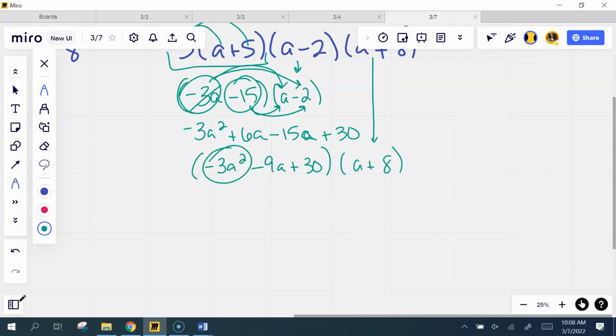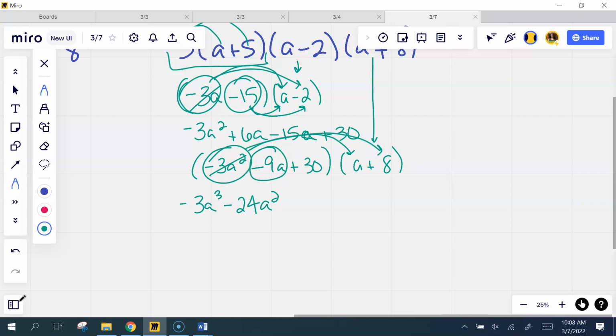So now I'll start with the negative 3a squared, and I'm going to bounce that to everybody in the second parentheses. So negative 3a squared times a. Negative 3a squared times 8. Nobody? I'm done with that one.